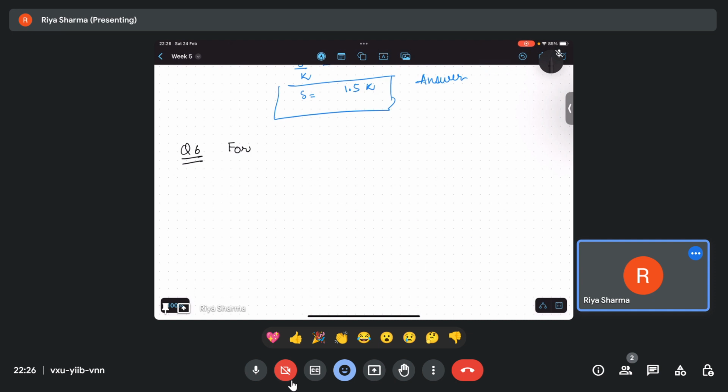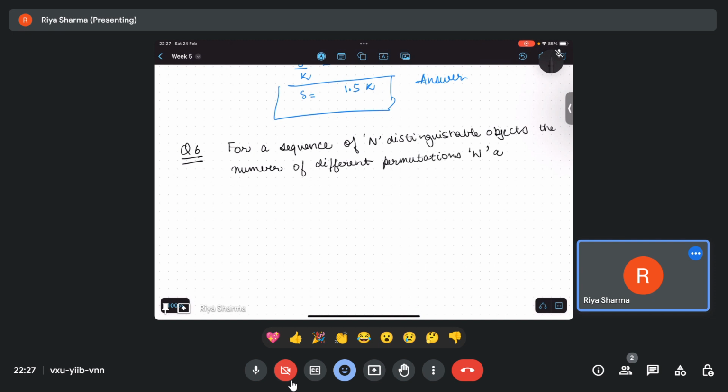So for a sequence of n distinguishable objects, the number of different permutations W are expressed as, so this is also a conceptual question we should know.